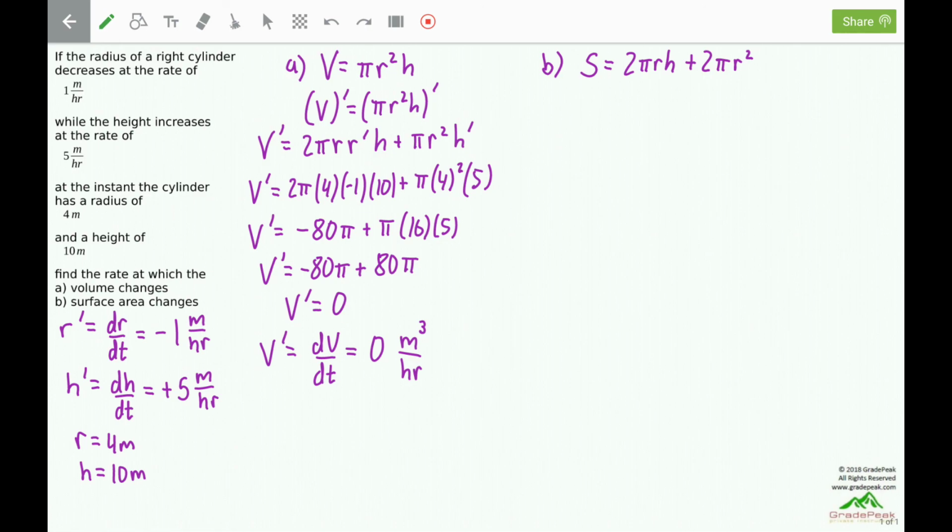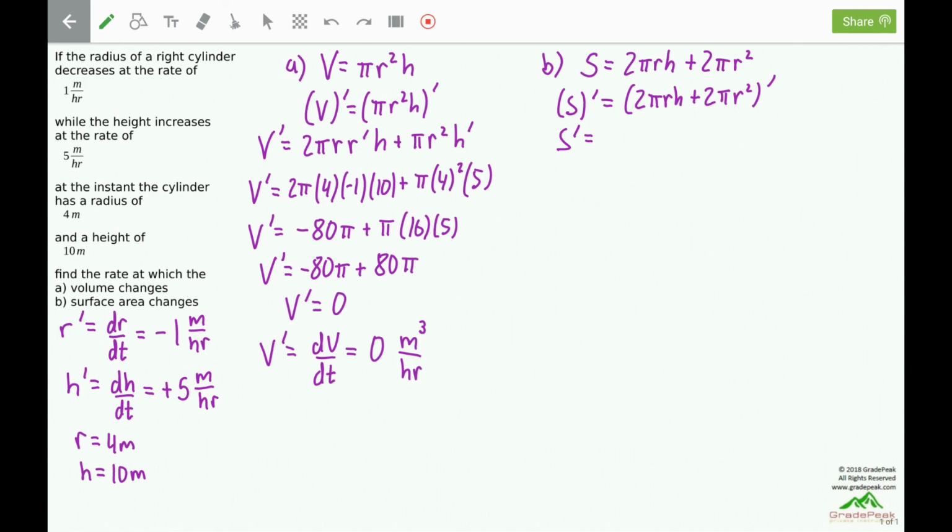We can now take the time derivative of both sides to produce the related rates equation. On the right side, the first term is a product rule for the derivative. The second term is just a power rule. So I will indicate the time derivative of both sides by a prime on both sides. Every variable is implicit with time once again, so on the left the derivative of S is 1 and then times S prime. On the right we have the product rule of 2 pi r times h.